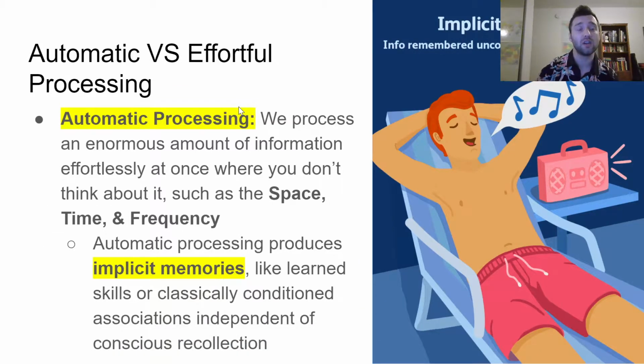Now, in addition, we also have automatic processing, right? So we're moving back upwards a little bit here. Automatic processing is basically what it sounds like. It's the information that we effortlessly process when we don't even think about it. It's happening unconsciously. Some of the biggest examples of this are things like space, time, and frequency.